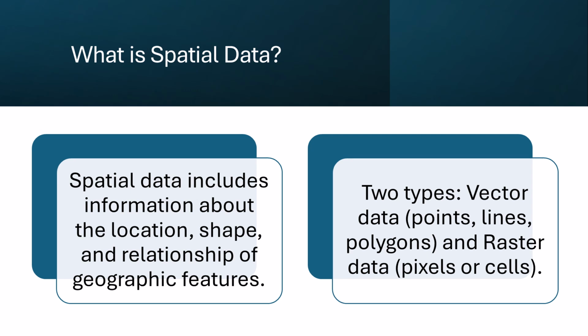Vector data represent discrete features like buildings or boundaries using points, lines, and polygons. On the other hand, raster data is often continuous, stored as a grid of cells, and is used to represent data like elevation or satellite imagery.